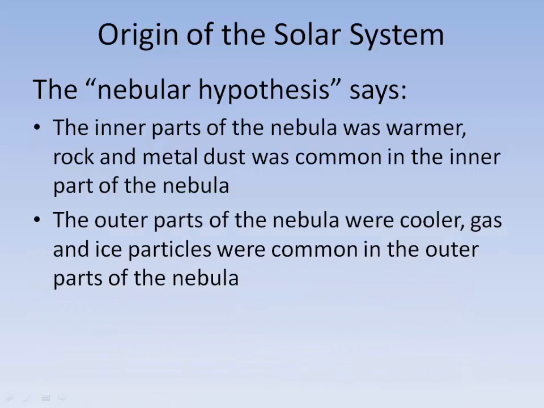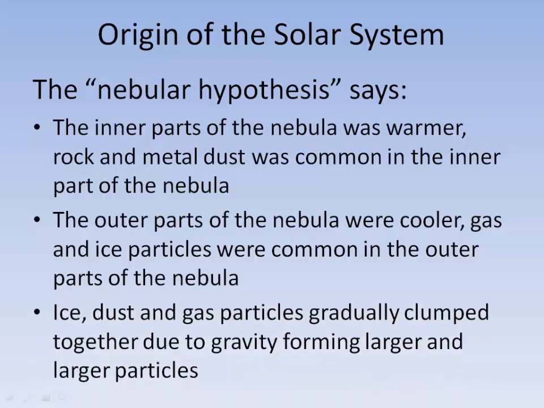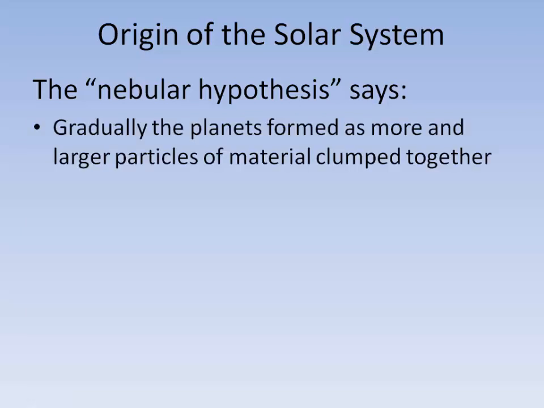The outer parts of that spinning disk were cooler, and gas and ice particles were more common in the outer parts. The ice, dust, and gas particles all began to gradually clump together due to gravity, forming larger and larger particles. Gradually, the planets began to form as larger and larger particles clumped together.